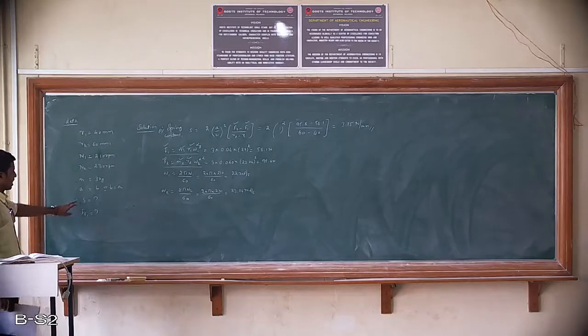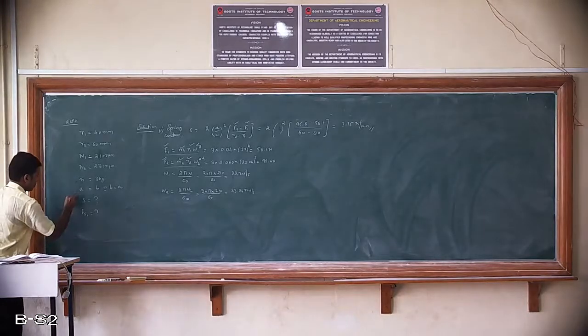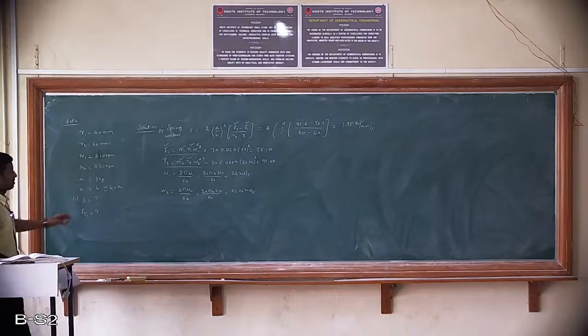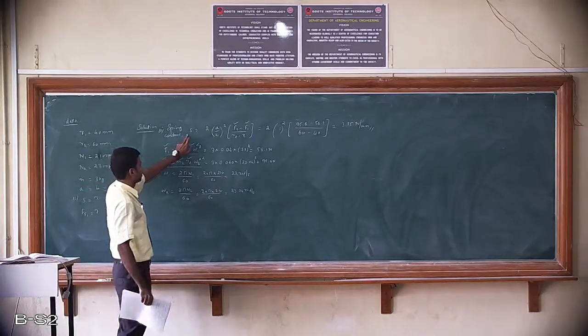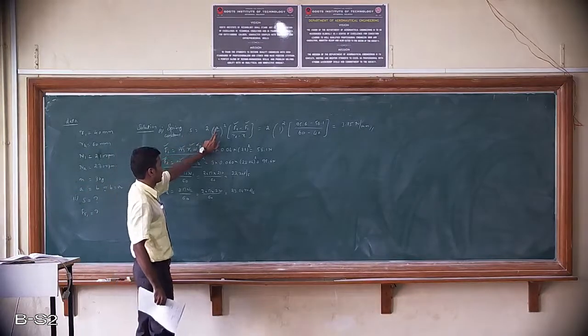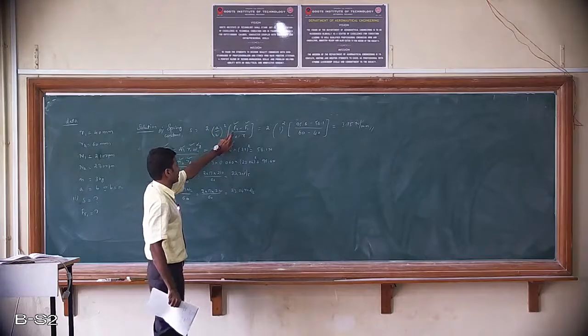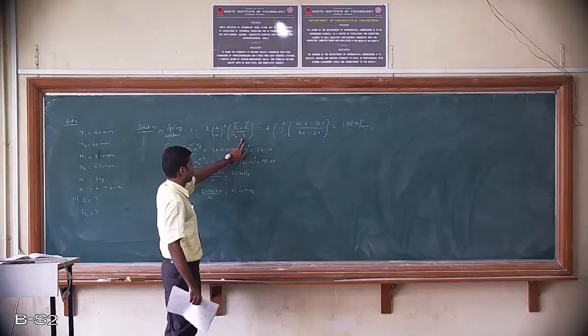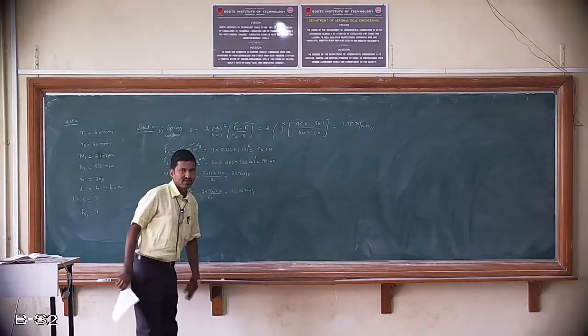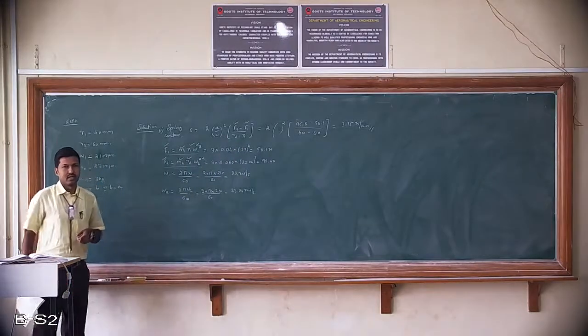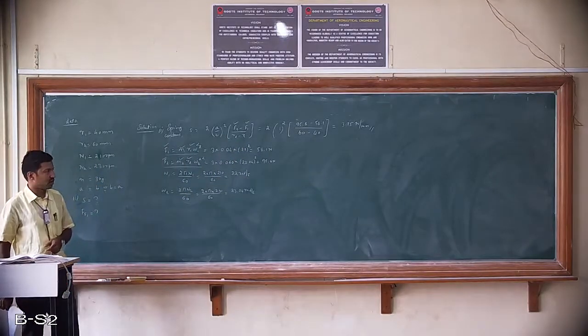The first question asked is to find the spring constant. To get it, we have the equation S is equal to 2 into (a by b) whole square into bracket F2 minus F1 divided by R2 minus R1. This is the equation we derived in the previous class, the derivation for the Hartnell governor.